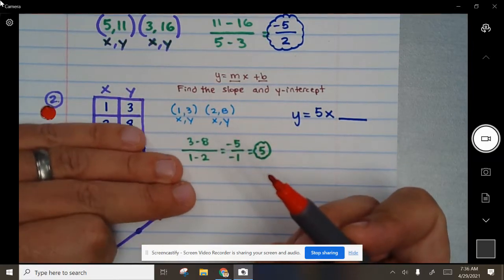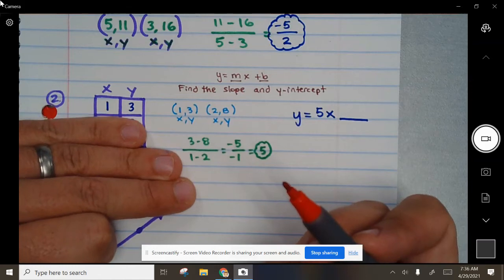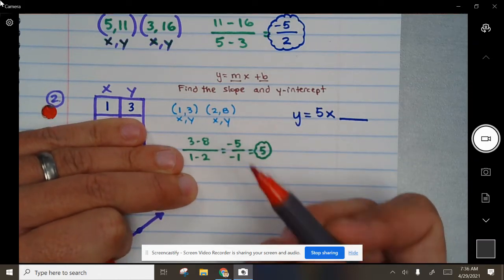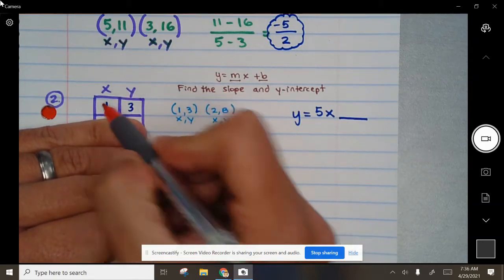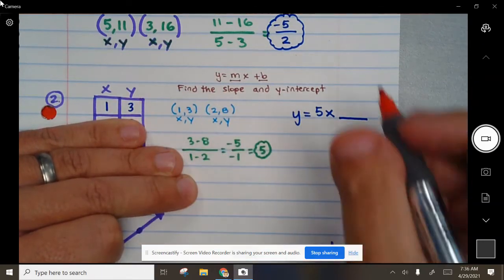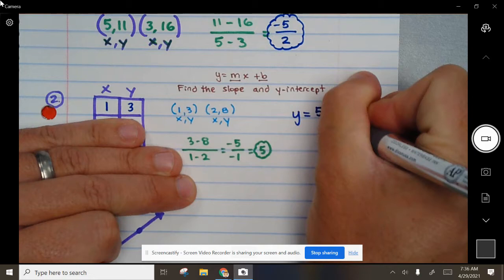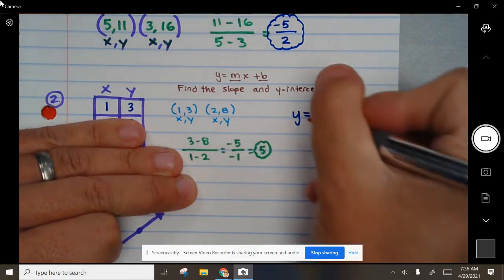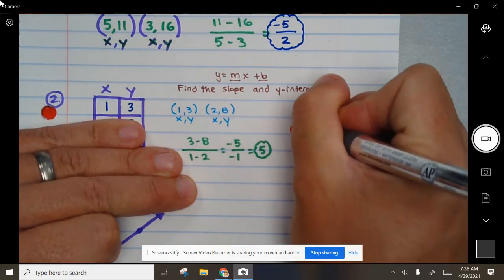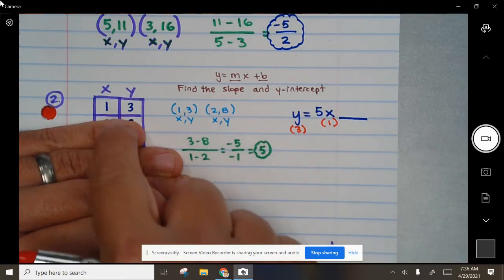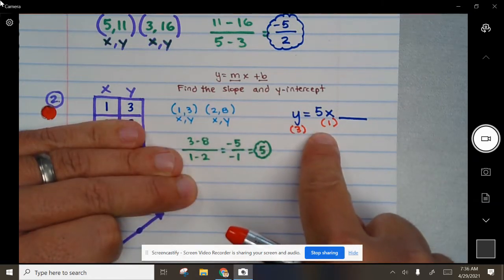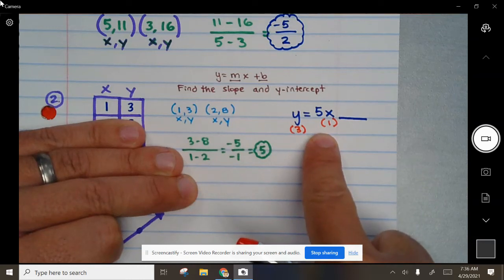So what you can do is take any coordinate you want and plug it in. I'm going to take the first coordinate where 1 is x, 3 is y. What's x? 1. What's y? 3. So 1 is x, 3 is y. Did you guys just see what I did? I plugged in my point. We did this a lot in August and September. We got to get our brain back.